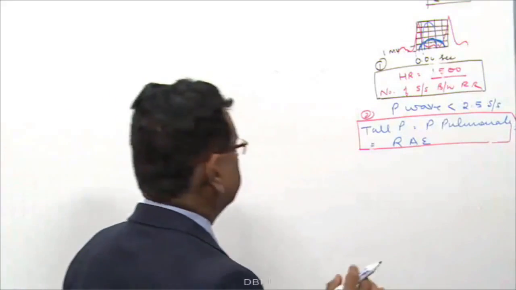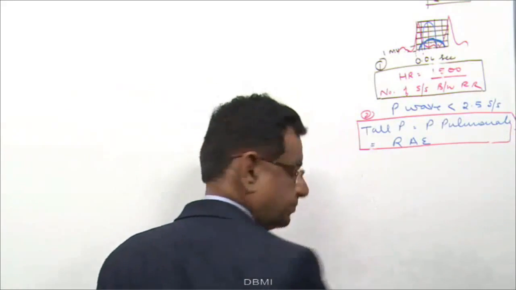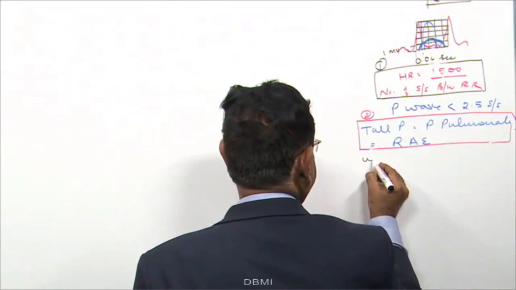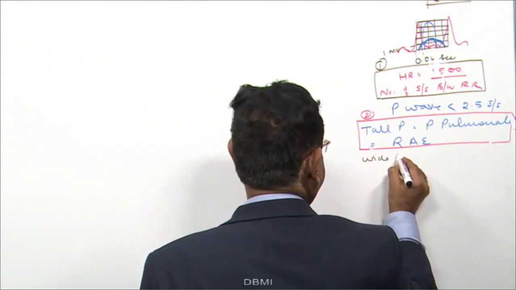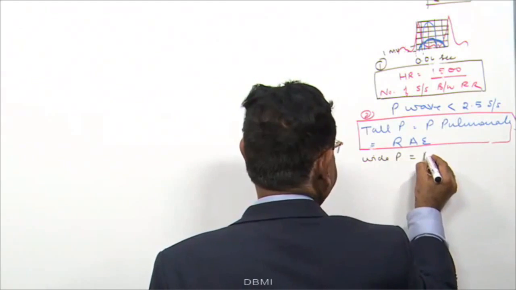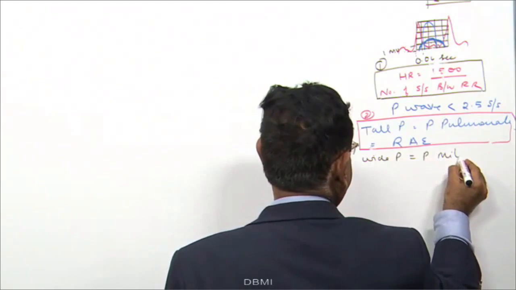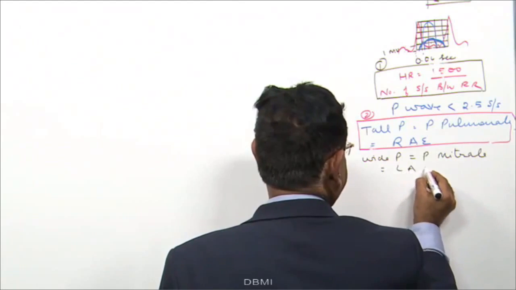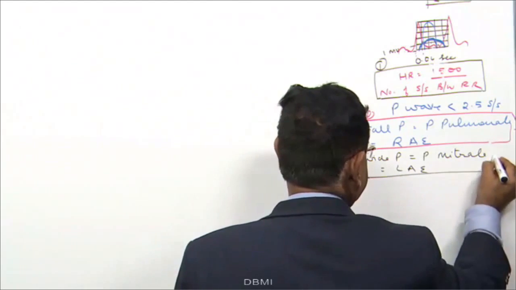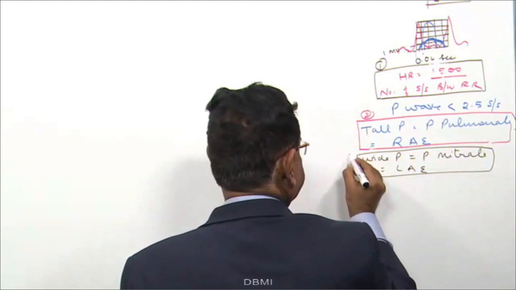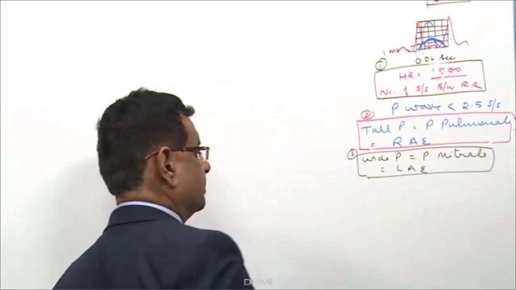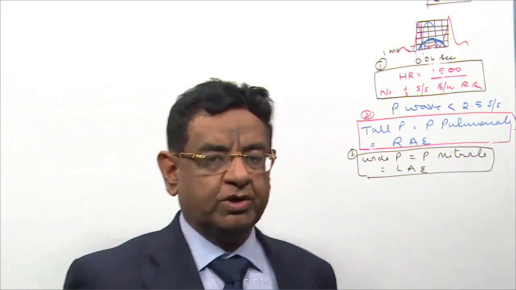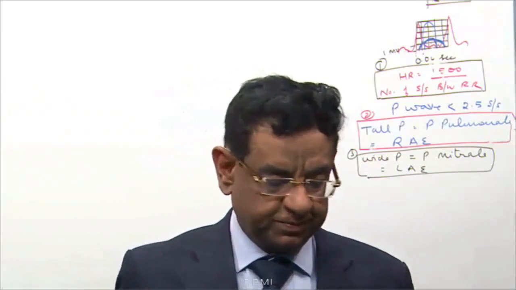So wide P wave is equal to P mitrale, equal to left atrial enlargement. This is the box number 3. So we got 2 questions on P wave also.